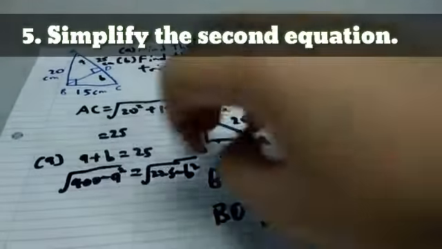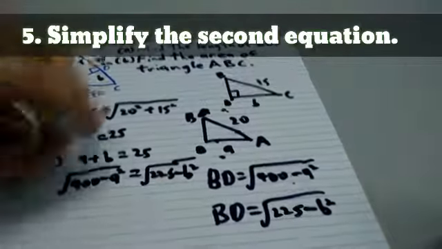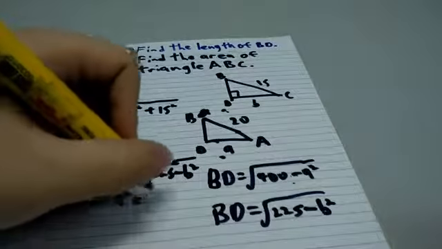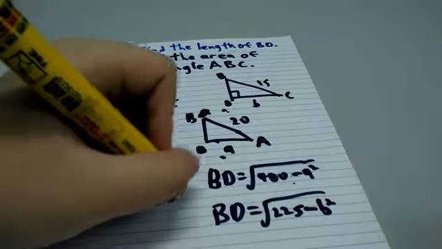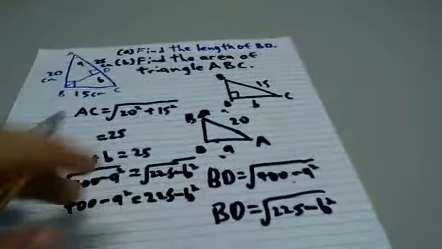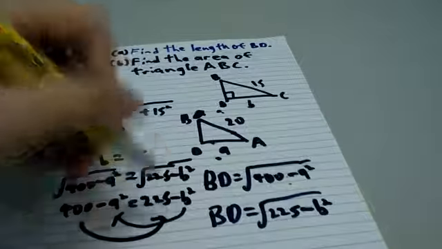And then we need to simplify this equation. So 400 minus A square is equal to 225 minus B square. And then we take this to here, and then we add this to here.